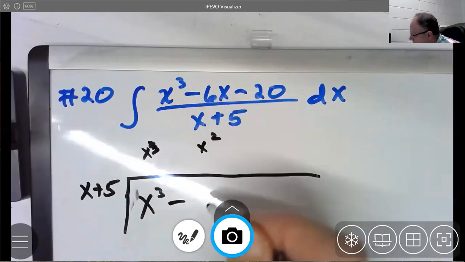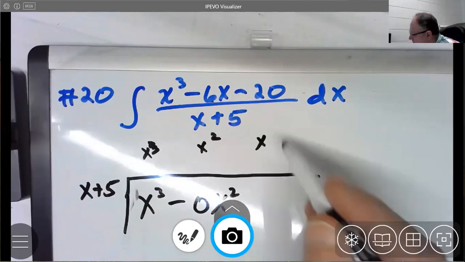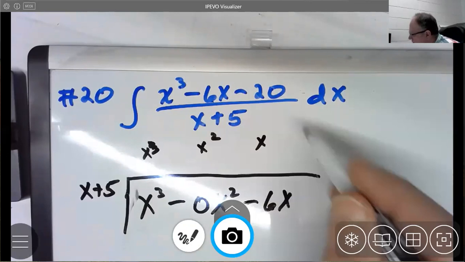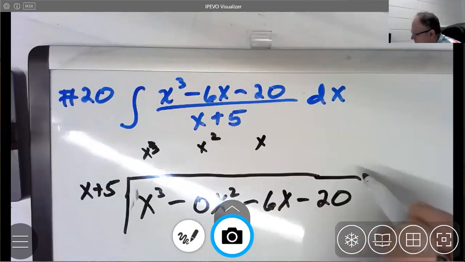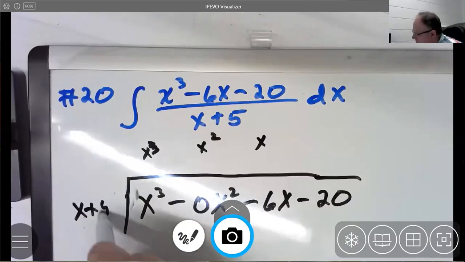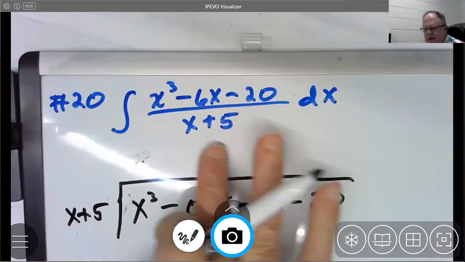So this will be 0x squared. But we do need a place for x, which we have as a minus 6x. And we need a place for a constant, which is 20. Questions with that? Okay, so I can erase this now.